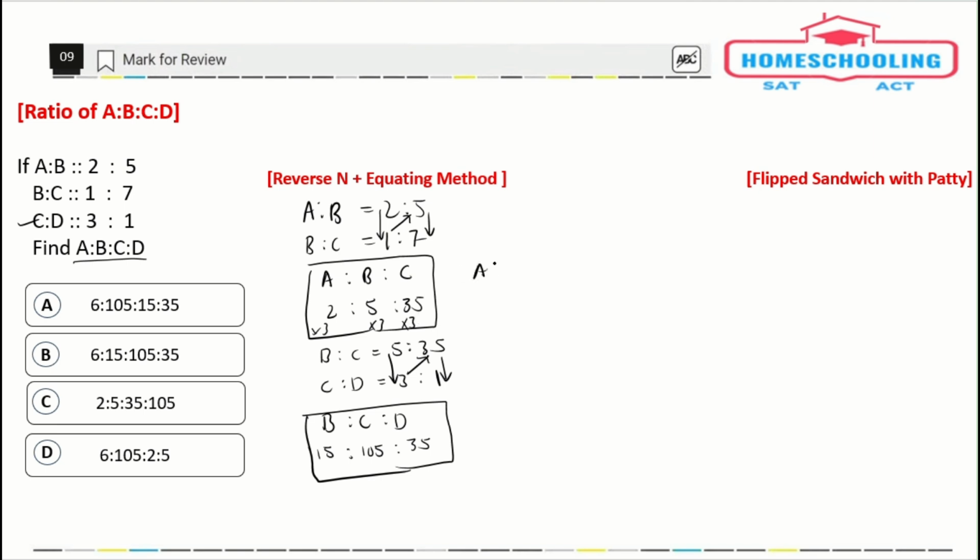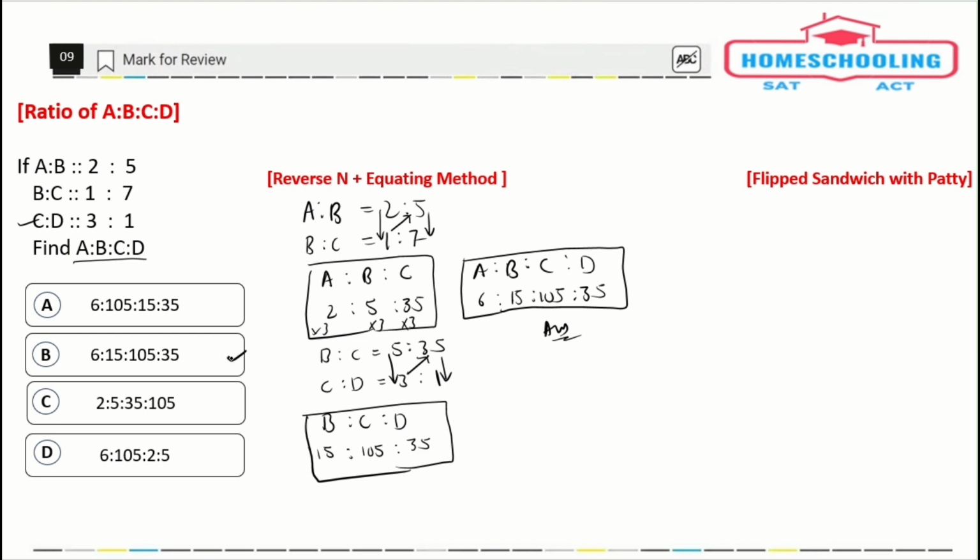So A is to B is to C would be 6, 15, 105, and D is 35. So by equating these two, your answer for A, B, C, D, the ratio, is 6, 15, 105, and 35. So this is your answer.